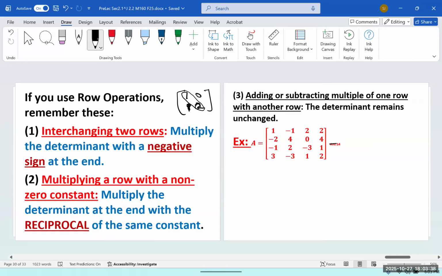Okay, now for you, I have an example, a 4 by 4. Find the determinant. You can use whatever method you like. You can use the cofactor expansion, or you can use row echelon form to convert this into a triangular matrix, with numbers here and zeros here.